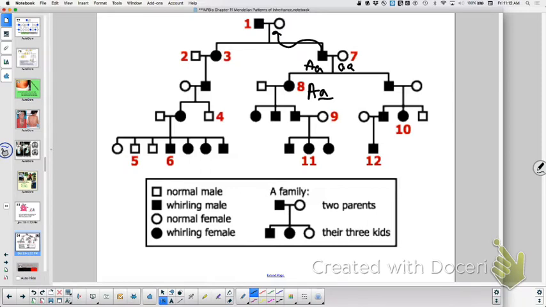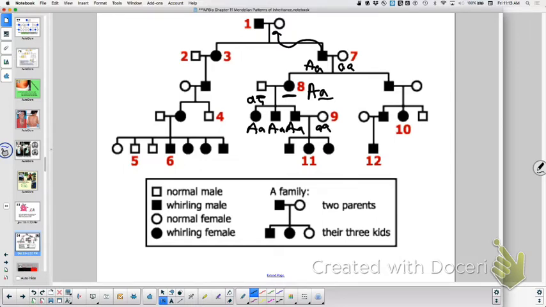What are the genotypes of their children? Has to be big A, little a, because you know they got the big A from their mother, 8. And dad is little a, little a. So you know all of their genotypes. See how this works? Okay, right here, what is this one?